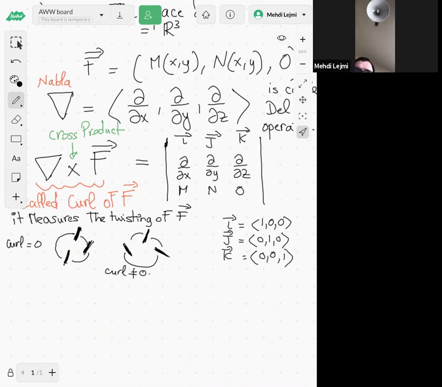So if you remember how to do the cross product, you're supposed to take the first row, first column, multiplied by the determinant of this matrix here, right?